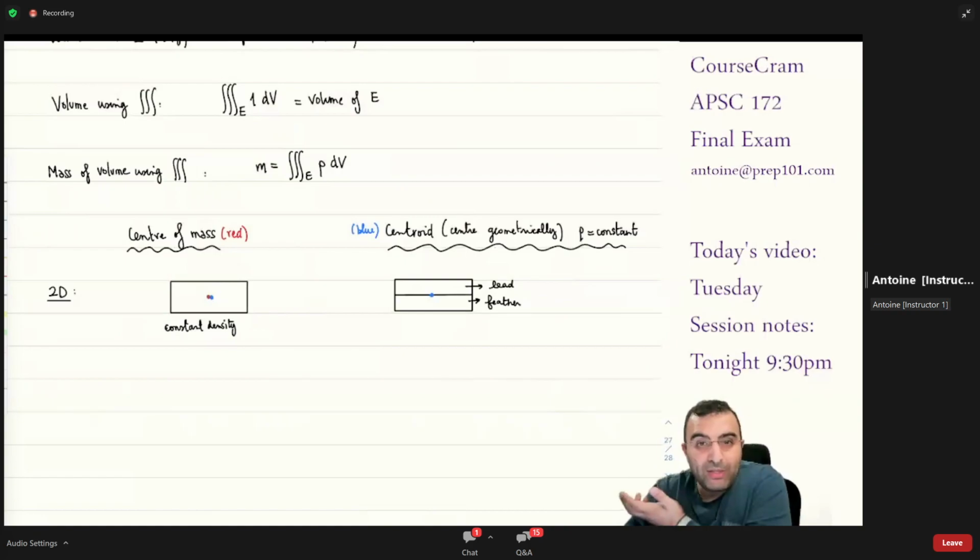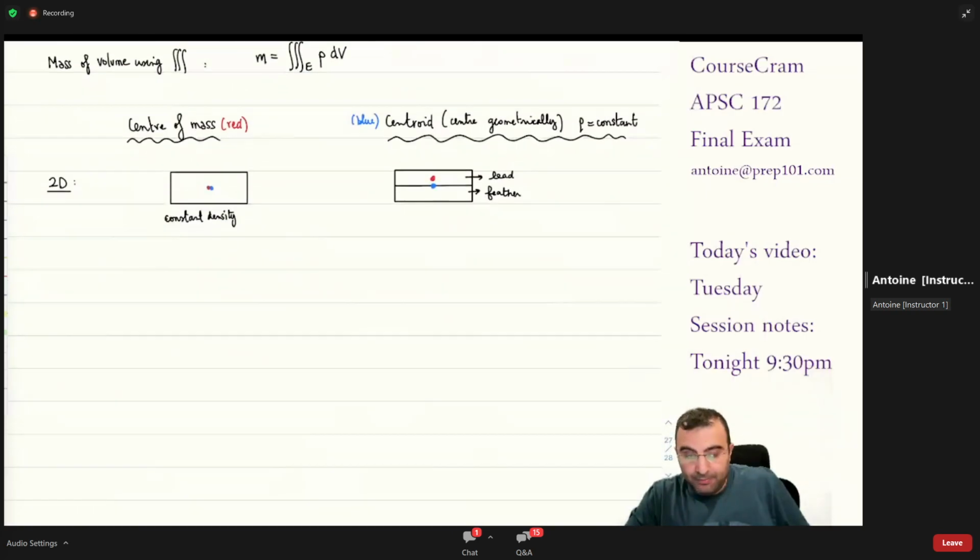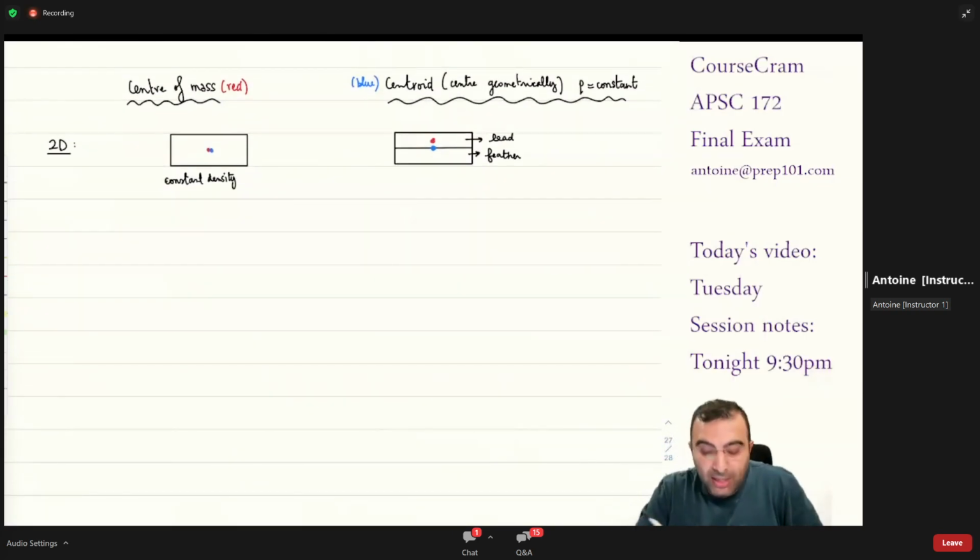Centroid is the geometrical center of the object, so it stays exactly where it was. But now where would the center of mass be? The center of mass would be more skewed toward the lead part, because the lead part is much heavier than the feather part, so the center of mass would be skewed toward the heavy part.